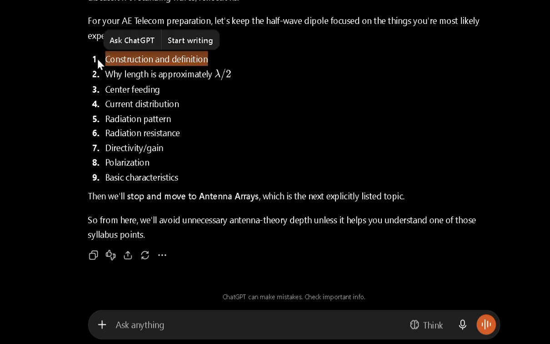So we discussed construction and definition, the antenna vector magnetics, current distribution, radiation pattern, and radiation resistance.